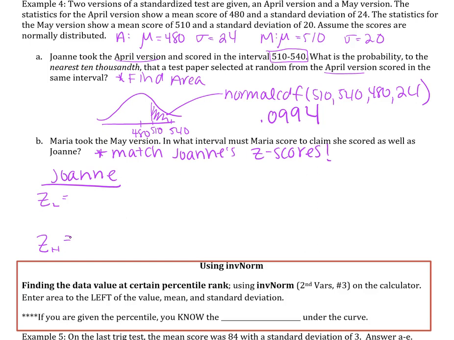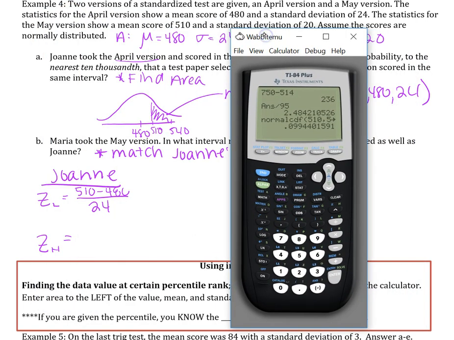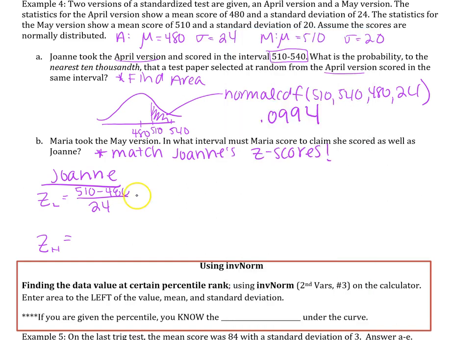So at the lowest, she said she scored a 510. So that's her score minus the mean of her test divided by the standard deviation. Okay, so that's a 1.25.